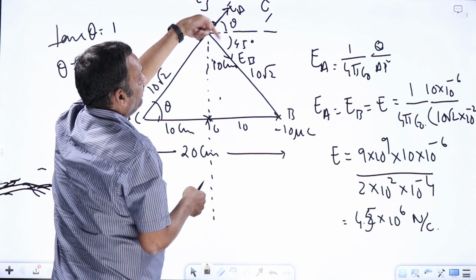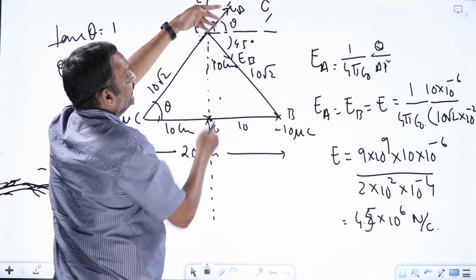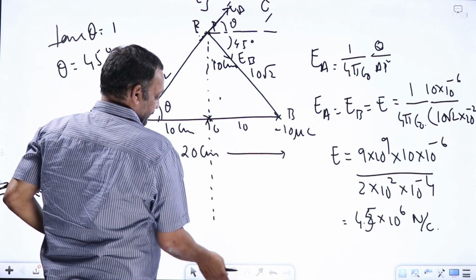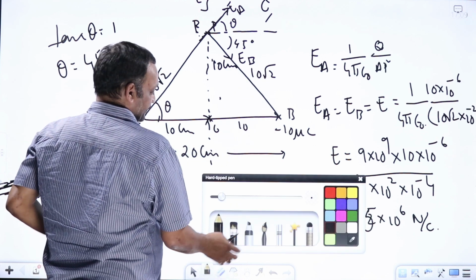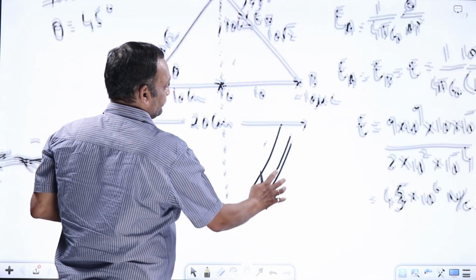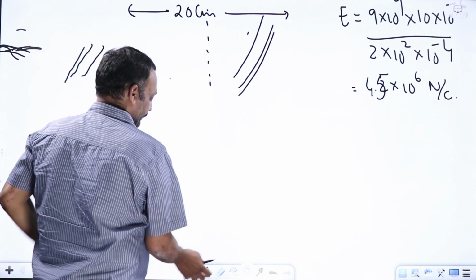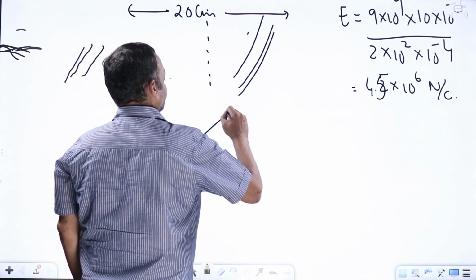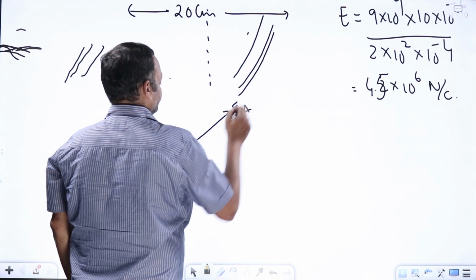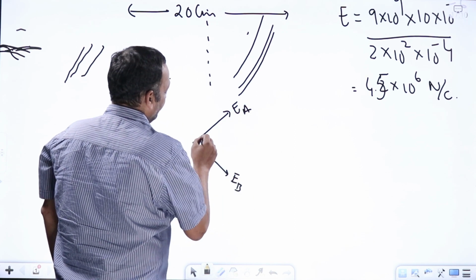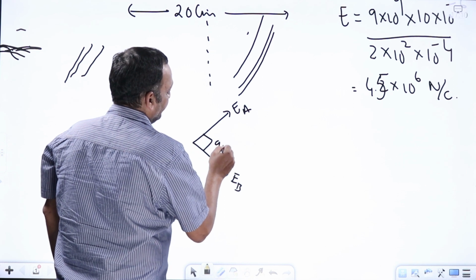This is 45 and 45, so the angle between them is 90. Two mutually perpendicular vectors. What is the resultant of those two vectors? EA is like this, EB is like this. The angle between them is 90 degrees.